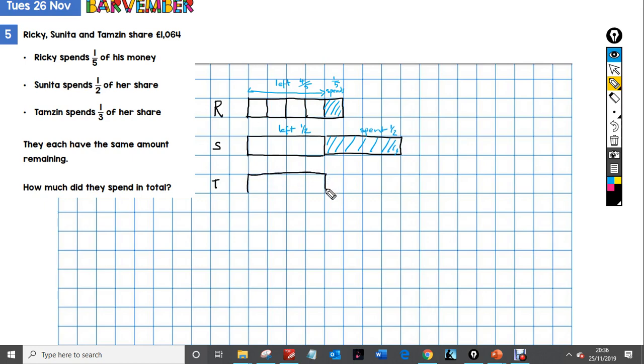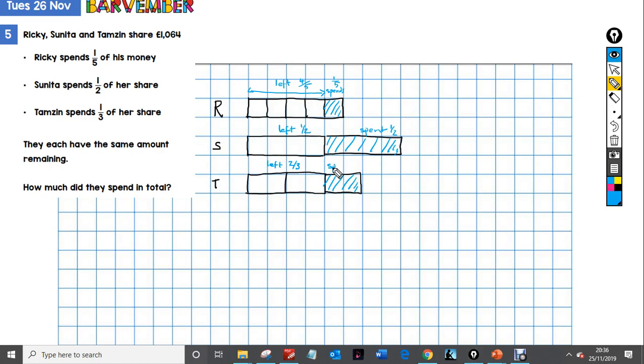This is what was left, and we know that that must equal 2/3. So left is 2/3. If I split that, that's 2, that's 2/3. So this is the third that was spent.